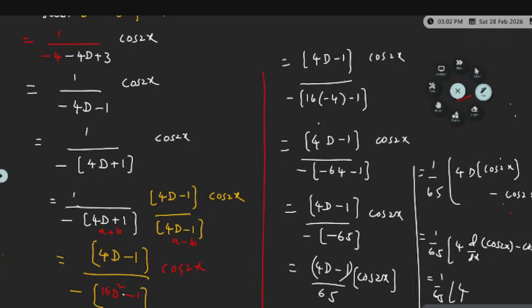Differentiation of cos 2x is minus 2 sin 2x. So 1 by 65 minus 8 sin 2x minus cos 2x. That is the answer. Once the denominator is over, we must multiply cos 2x with 4d and 1 separately.